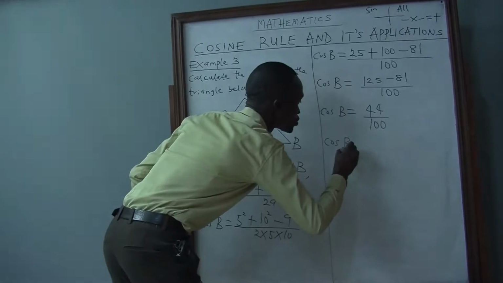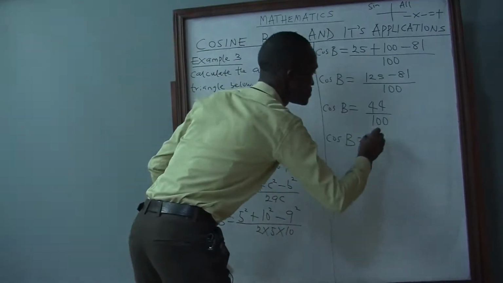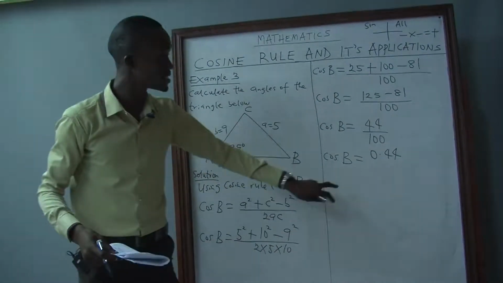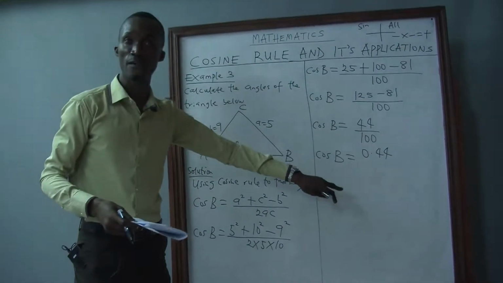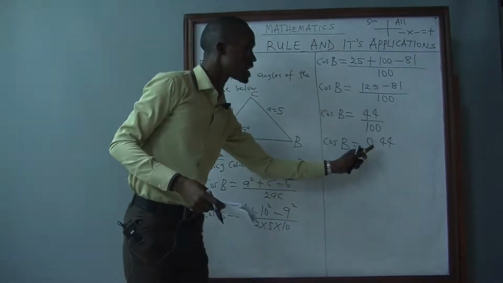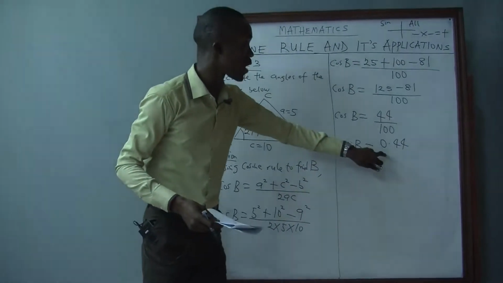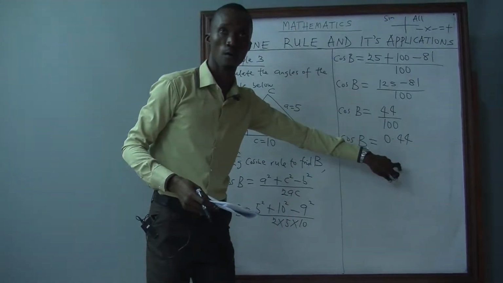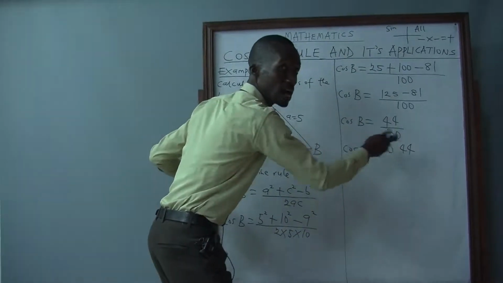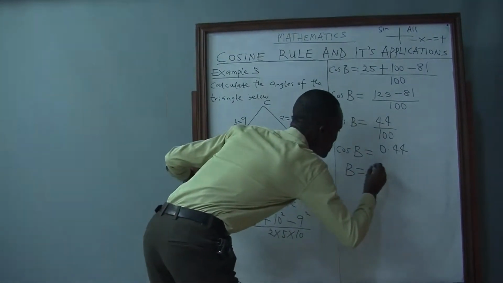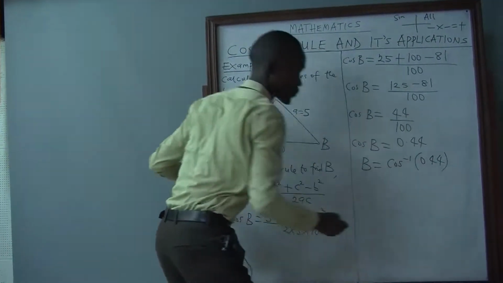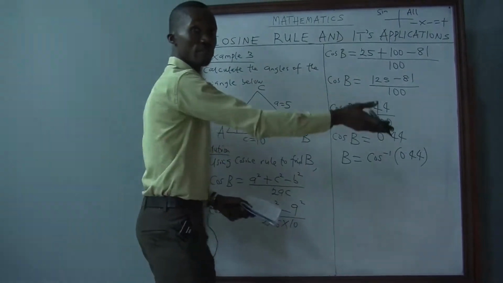Then using our calculator, we have cos B to be 0.44. Now at this stage again, we need to go to our 4-figure table and we check for the closest value that will give us 0.44, and that is called taking the arc cos. So B is arc cos of 0.44, or we can also call it cos inverse.